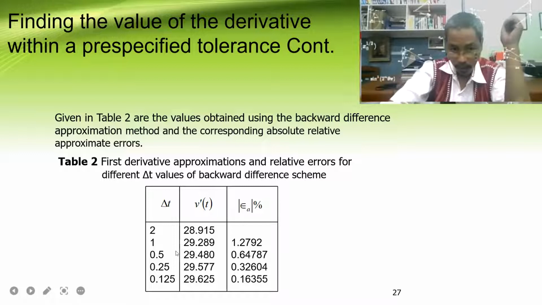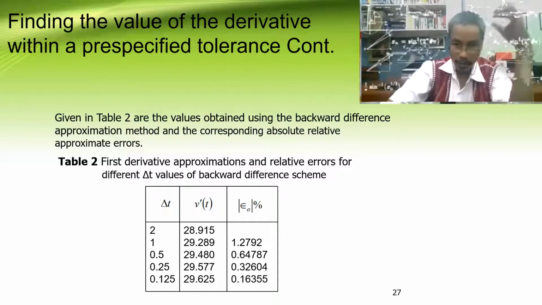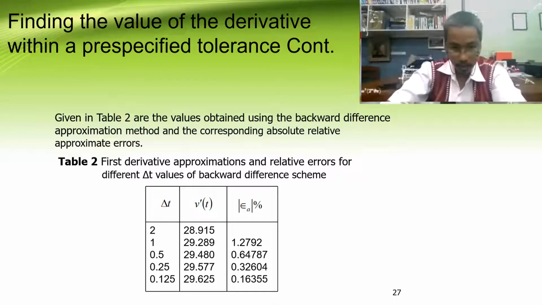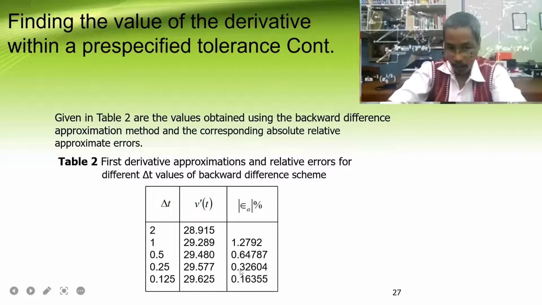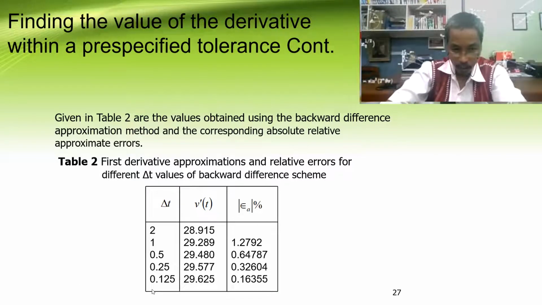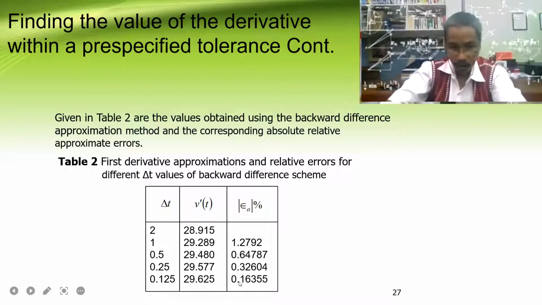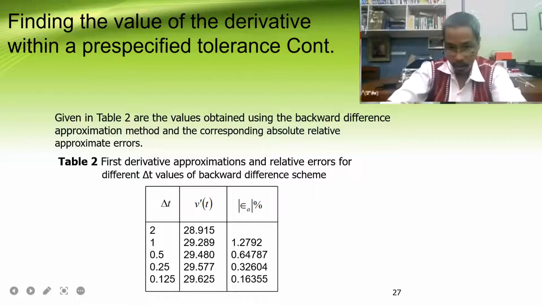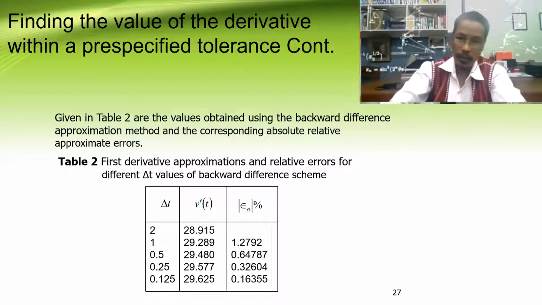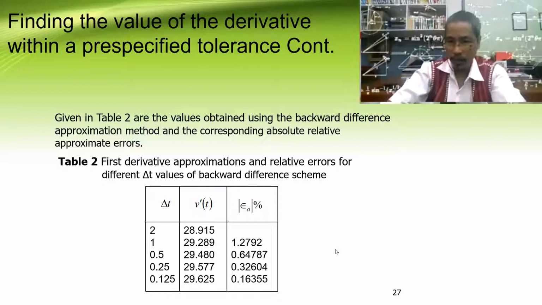With 0.5 seconds, we already get an error less than 1%. With 0.25, we get an error less than 0.5%. And with 0.125 seconds step size, we get an error that is less than 0.2%. Imagine that. Very small amount of error.